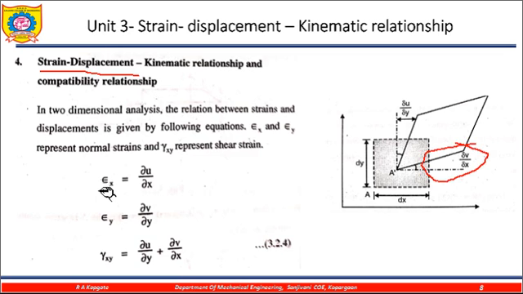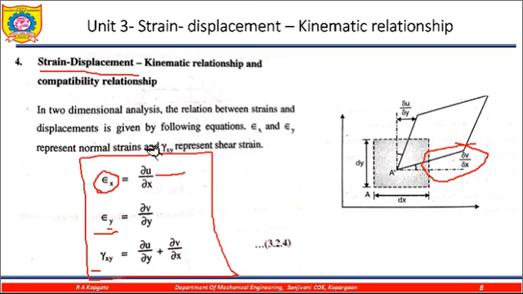First, the strain epsilon x along the x-axis is ∂u/∂x. This one is ∂u/∂y. The strain epsilon y along the y-axis is equal to ∂v/∂y, and gamma xy is equal to ∂u/∂y plus ∂v/∂x. So these are the equations useful to define the strain-displacement relationship.